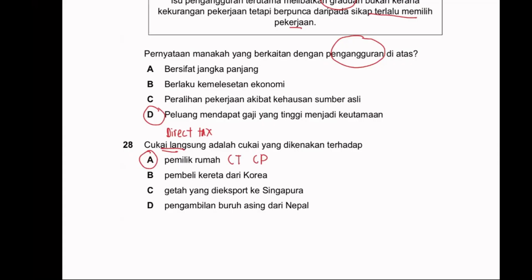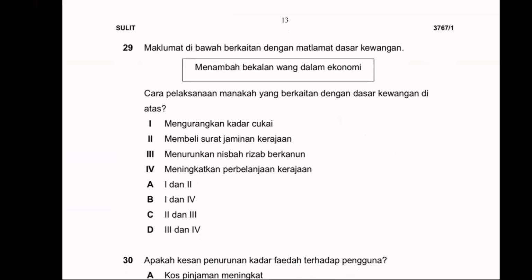Then later your mom pinta all these tax to you, then you will be happy life, okay? Pembelian kereta, this is duty import. Getah export, duty export. Buruh asing, levy. I found that you know levy very well. Okay, all these are tidak langsung. Cukai tidak langsung. Alright, and the next.